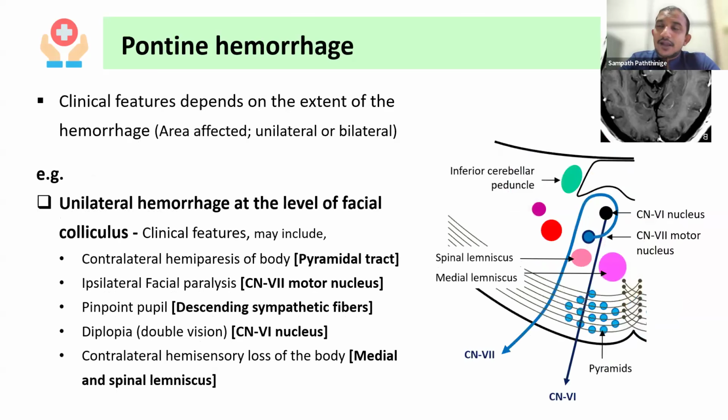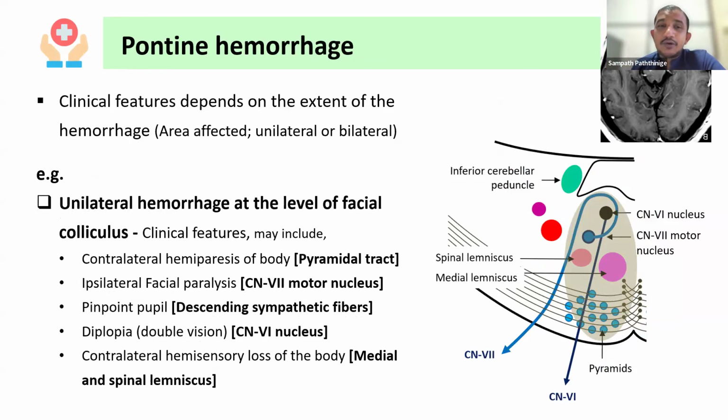In the case of the pons, the commonest thing would be pontine hemorrhages. The clinical features depend on the extent of the lesion. Very commonly, they affect the facial nerve and the abducens nerve, right? So they will have diplopia in the lateral gaze, because the abducens nerve is gone, and facial paralysis on the same side.